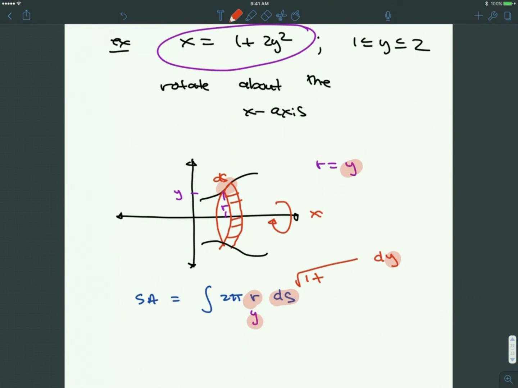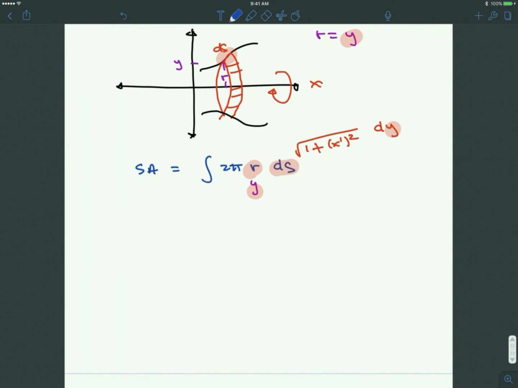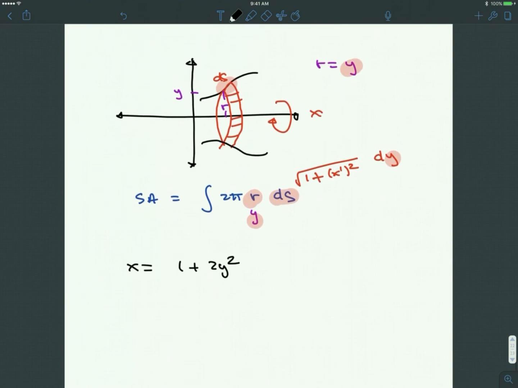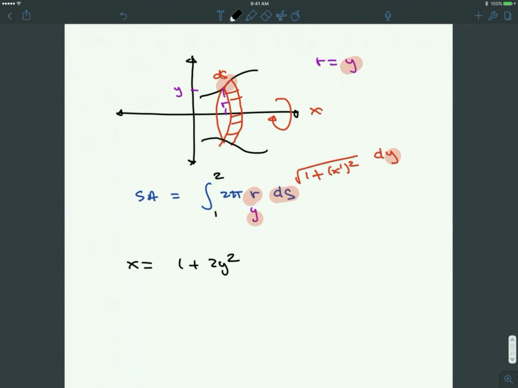So that tells us this has to be x prime squared. Now that's pretty good because we know that x is, let's go back here, 1 plus 2y squared, because that's what they gave us. Yes, this is over 1 to 2. So I get x prime going to be 4y. So 1 plus x prime squared is 1 plus, we got to square this.